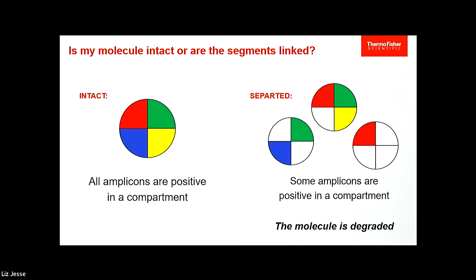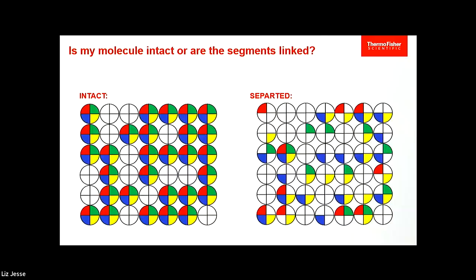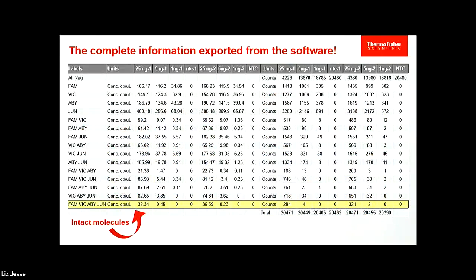If there was a degradation of the sample, you would expect to be partial or some of the colors, but not all of them together. This is more of a fairy tale representation of what you would expect, but the concept is the same. The majority would be all of them, and then a degraded sample would be a fraction of them.